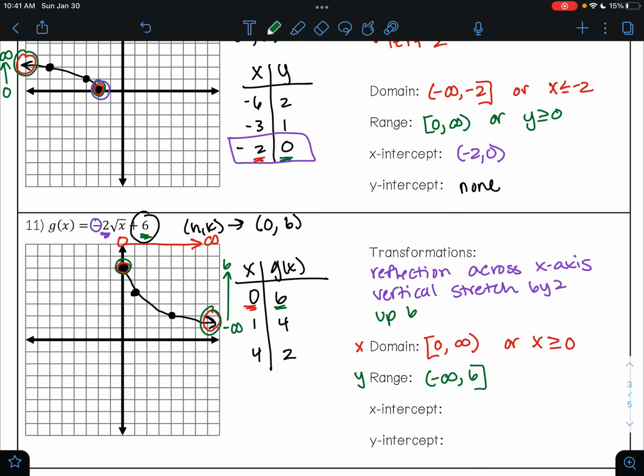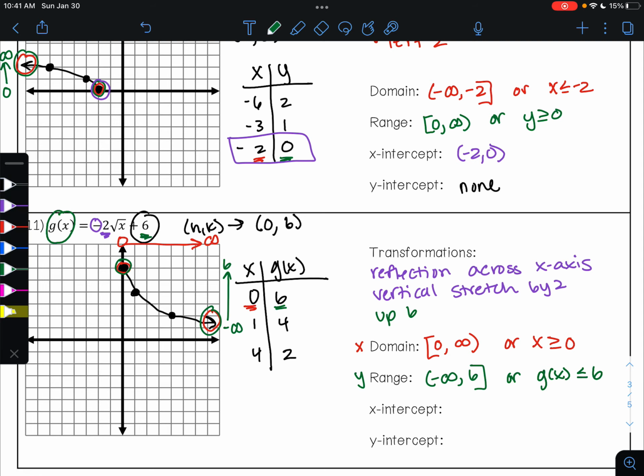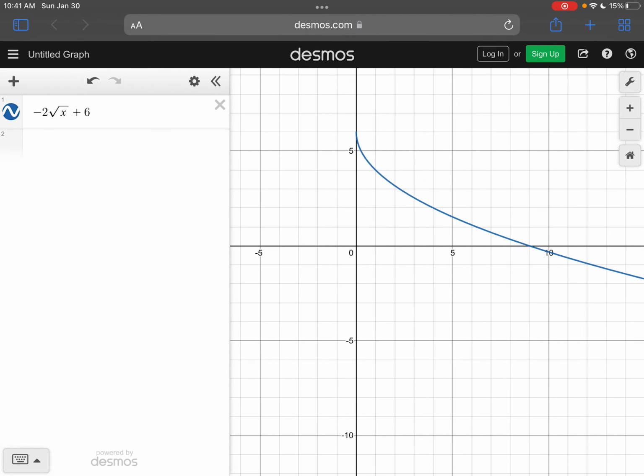We could also say that positive 6 is the top of our graph and everything is less than that. So because we're dealing with g of x here, this would be g of x is less than or equal to 6. Your x-intercept is where your curve crosses your x-axis. And if we look at Desmos, I can see that we do have an x-intercept here at 9, 0.